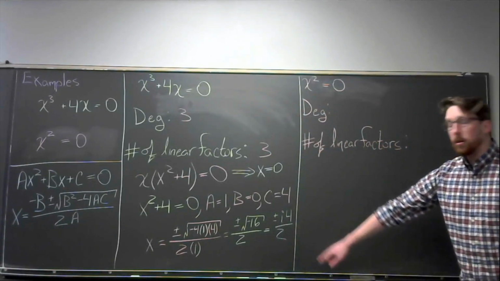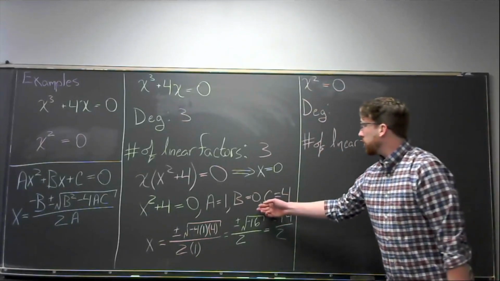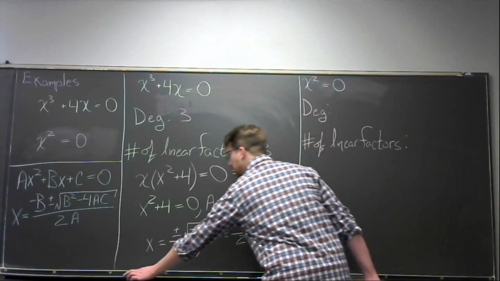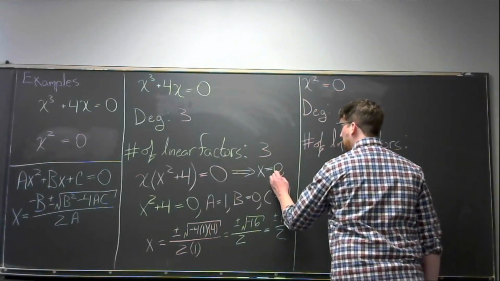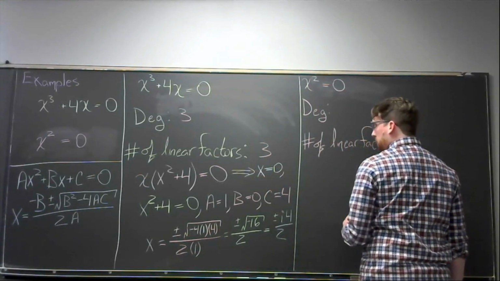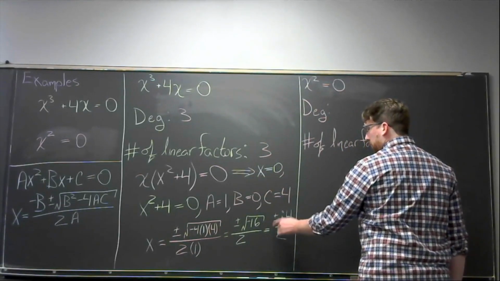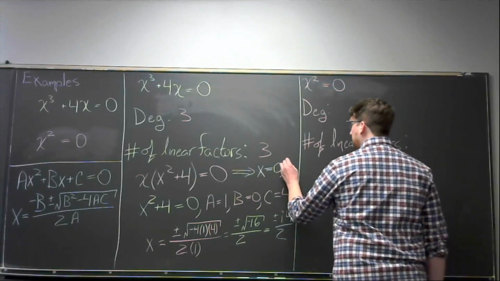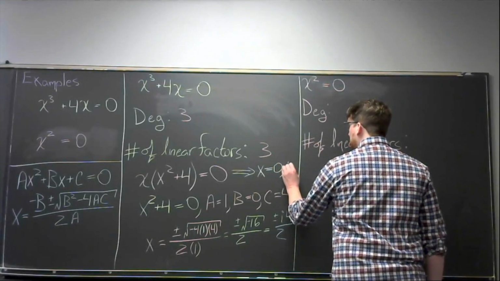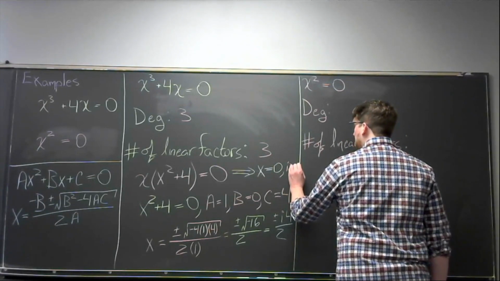So the other solutions to this, along with x equal to 0, once we reduce this fraction down, are 2i and negative 2i.